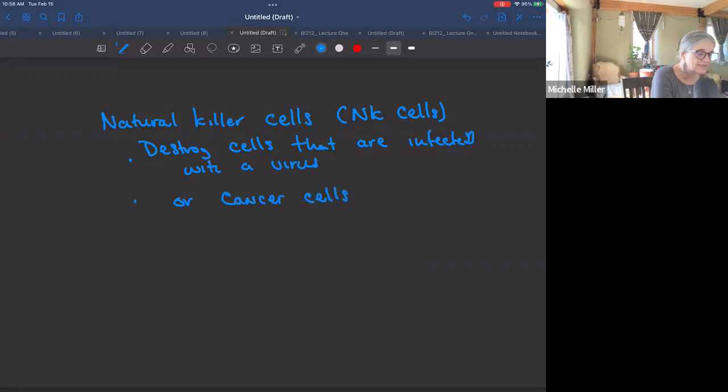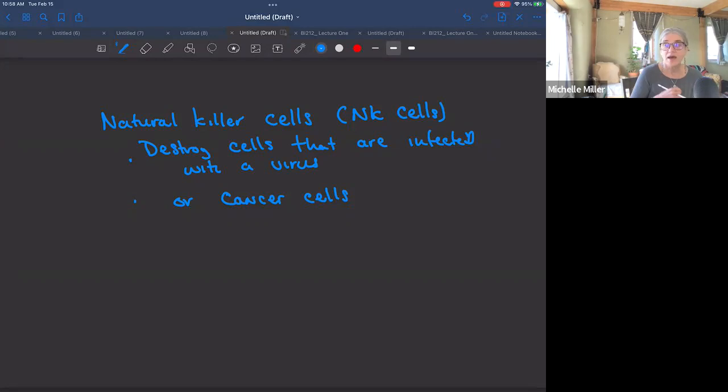So both of these types of cells oftentimes have different proteins on their surface. And this difference in the proteins on the surface is what gives the natural killer cells the signal that these are not normal cells. And so they do not specifically focus on a specific type of virus or a specific type of cancer cells. And so this would be an example of innate immunity.